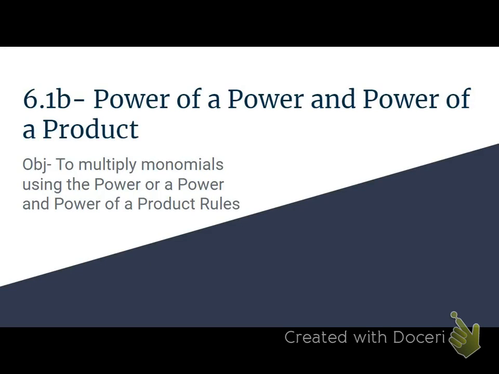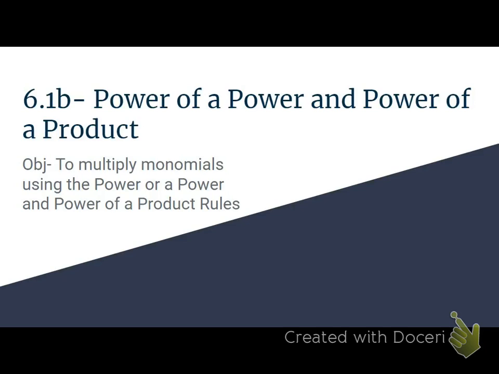All right, today we are continuing section 6.1. We are going to be talking about two new rules having to deal with exponents: power of a power and power of a product. So those are the two rules we are going to talk about today.